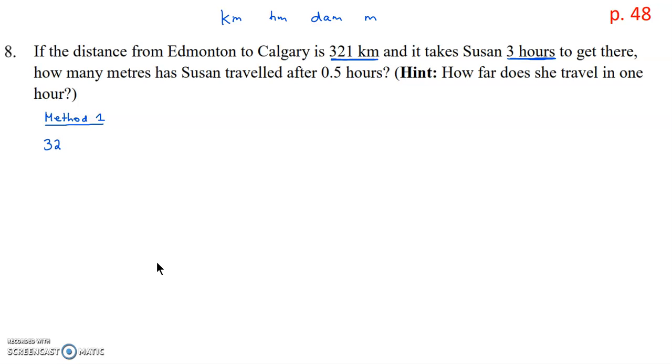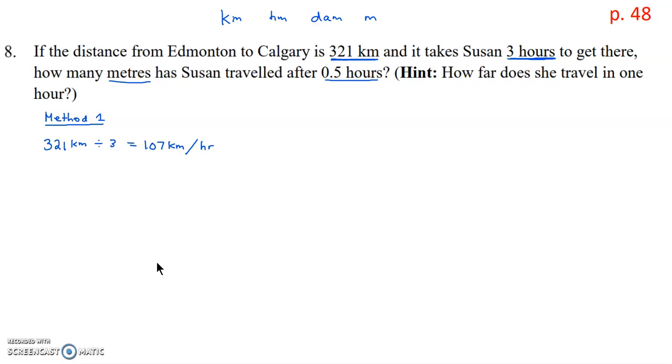So 321 kilometers divided by 3, what's that going to give us? 321 divided by 3 equals 107 kilometers in 1 hour. But the question wants to know how many meters she's traveled after 0.5 hours. So that's half an hour.